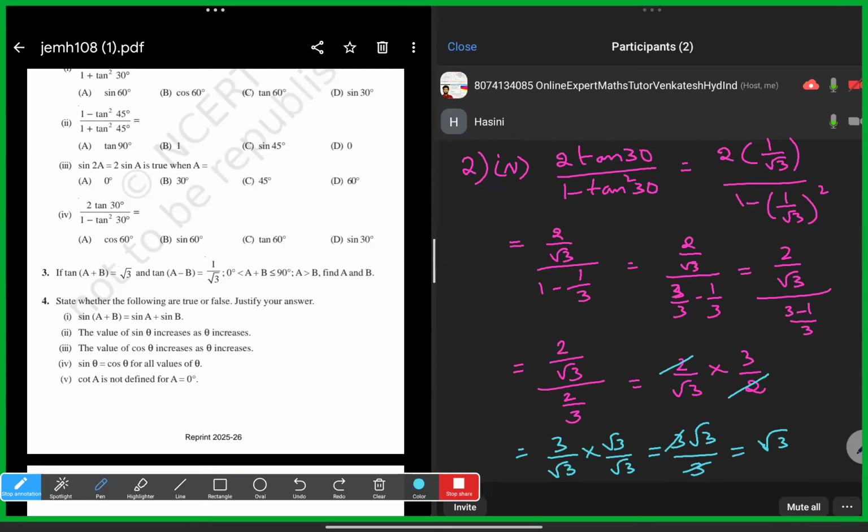Yes or no, Hasni? Yes, sir. So root 3 means how much, Hasni? Tan 60. Correct, Hasni. Is option C. Okay.